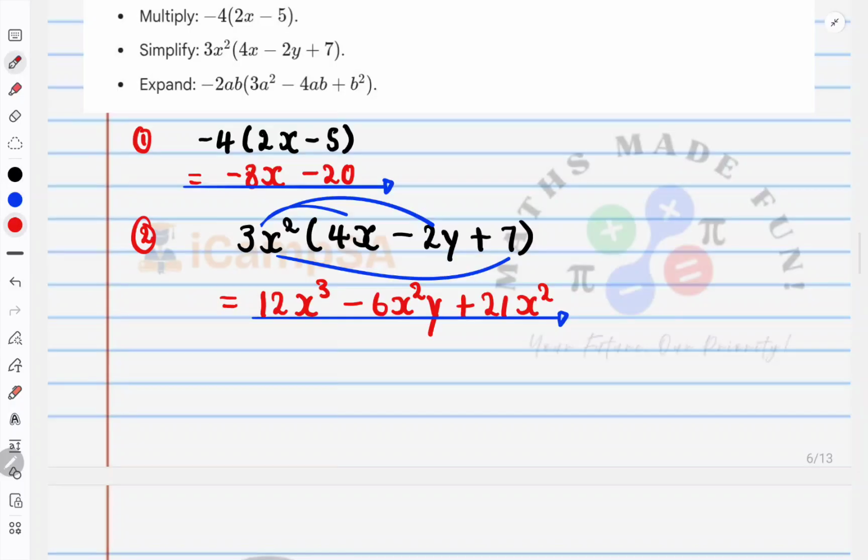Okay, then let's expand for the final term. We are asked to expand what? Minus 2ab into 3a squared minus 4ab plus b squared. We do the same thing again.